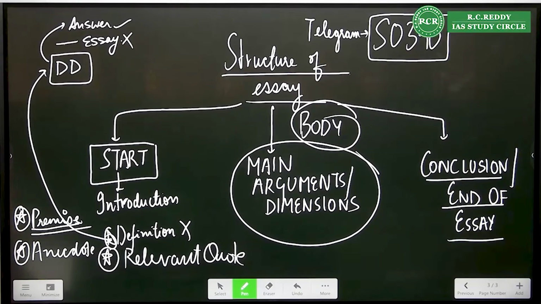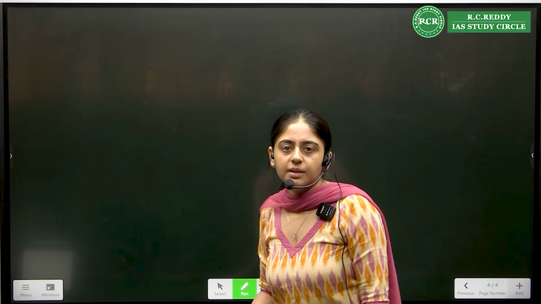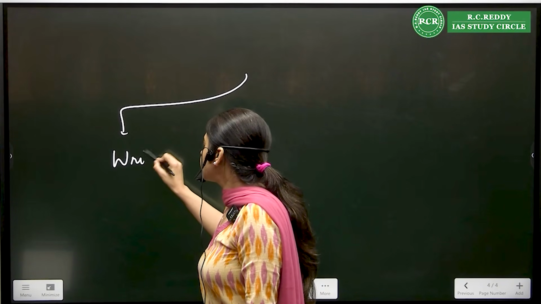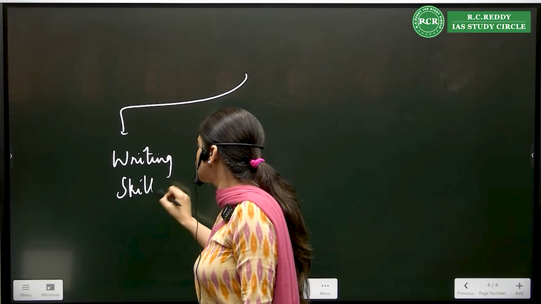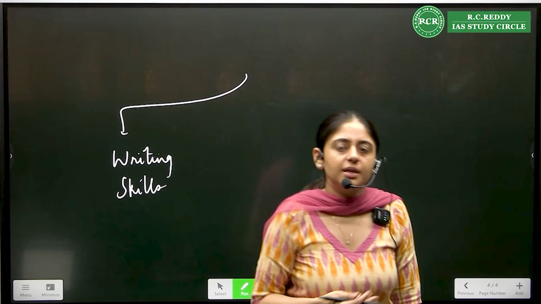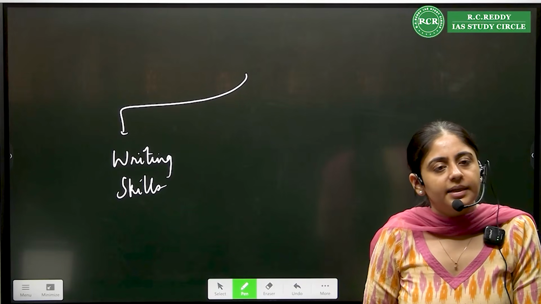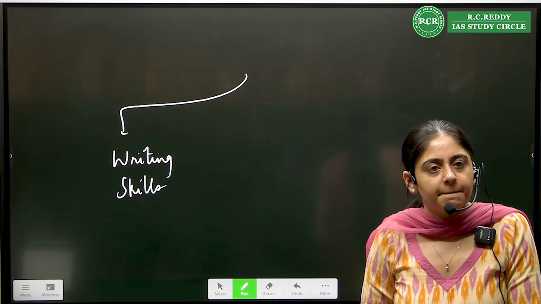So basically, when it says to have novelty of thought and expression, a lot depends upon you. When we are talking about essay writing, one thing which should be clear is that there will be two types of students. One type of students, their writing skills are already good. Some people genuinely, because they have been good in school and college, have good writing skills. They have an aptitude for writing.